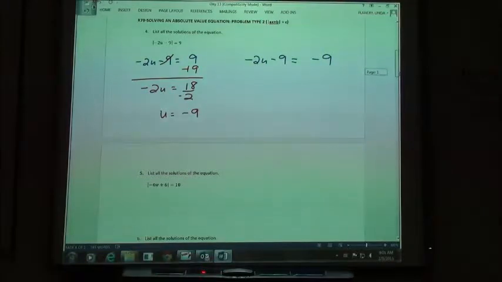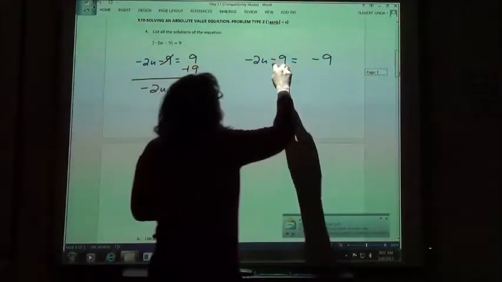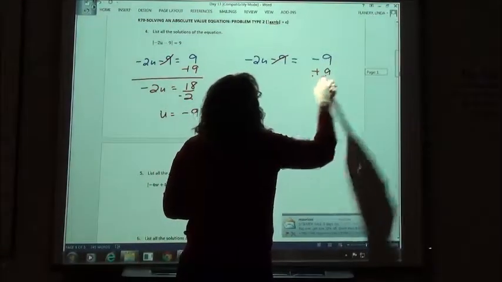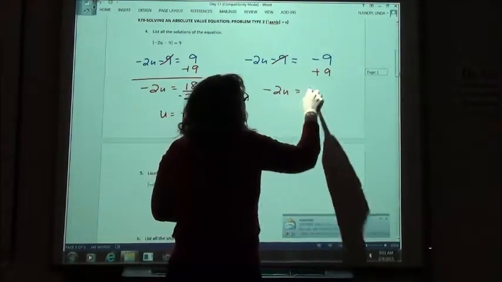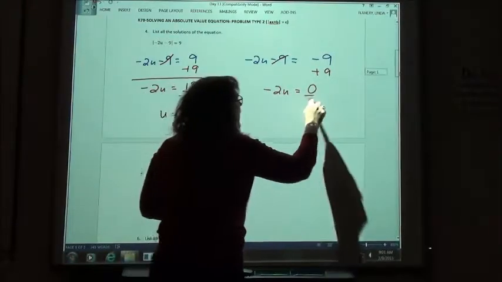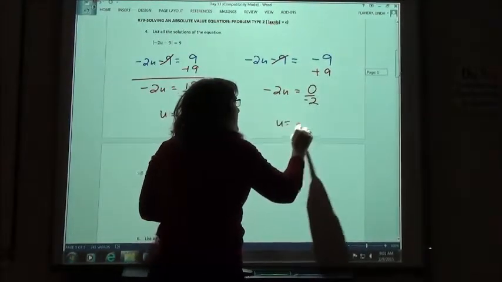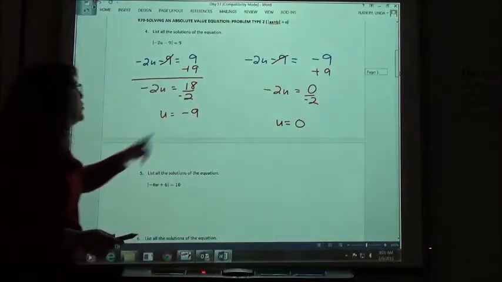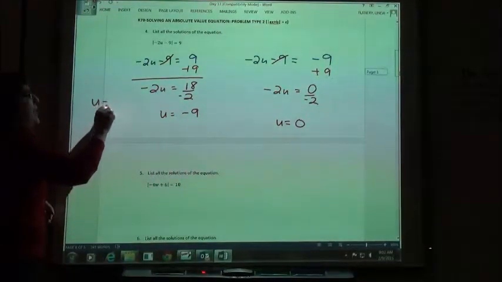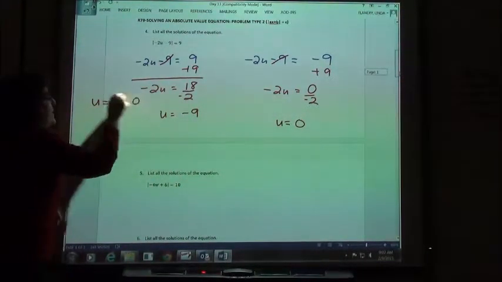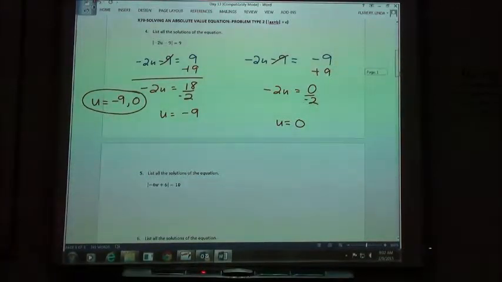So 18 divided by negative 2 is negative 9. Then I solve the other side. On the other side, again, I'm going to add my 9. So negative 2u would equal 0. 0 divided by negative 2 is still 0. And I'm going to get two solutions. U is either negative 9 or 0. And so I'm going to put them in with a comma in between.